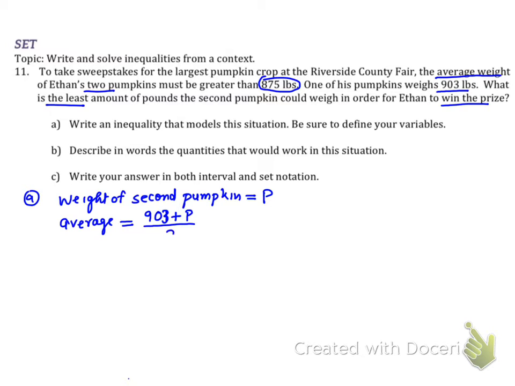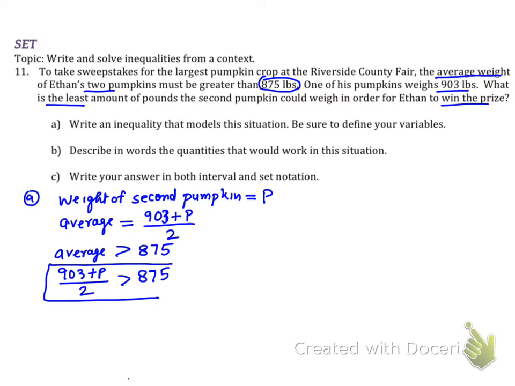If it is 2 things, you divide by 2, 3 things, divide by 3. But this average, they say it must be greater than 875. So the average expression I have is (903 plus P) over 2, that's greater than 875. That's my first expression, the answer for the first question. So that's the inequality you got. Now let's do the B part.